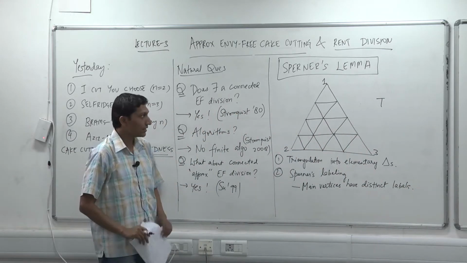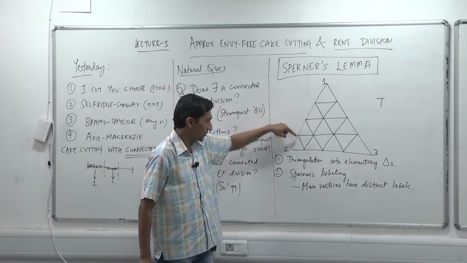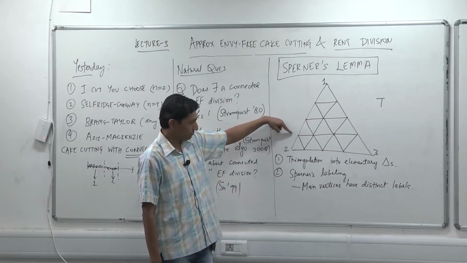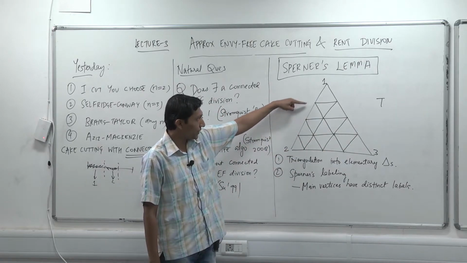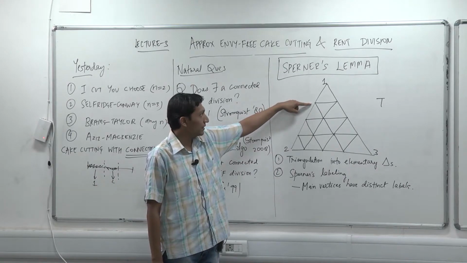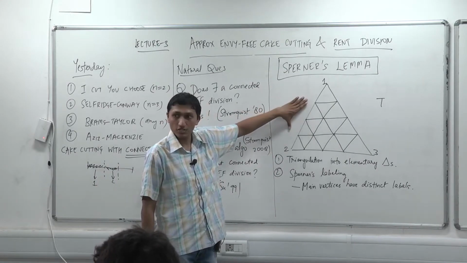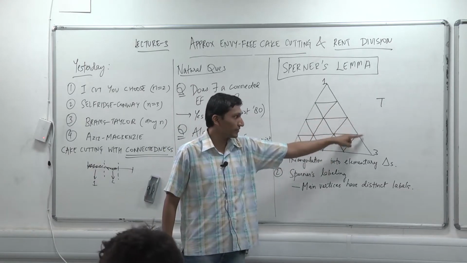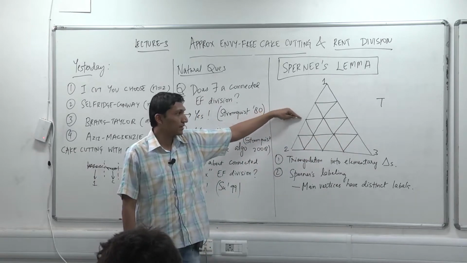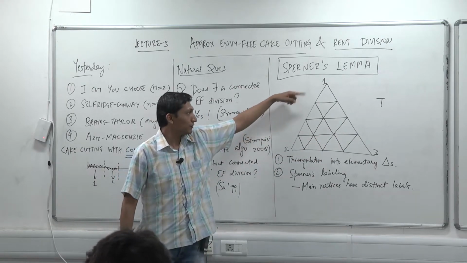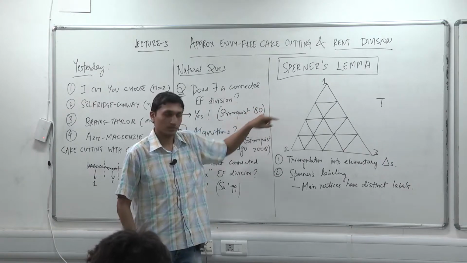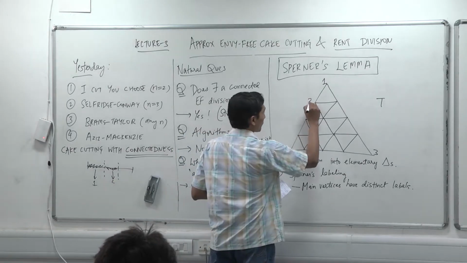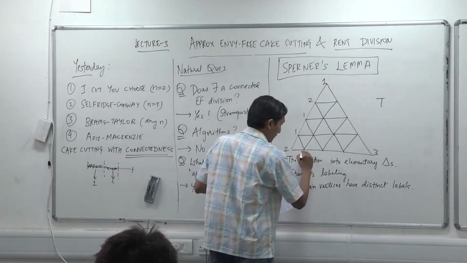The second condition concerns the vertices on the boundary. It says that the label of any vertex on the boundary should be either 1 or 2 for this edge, either 2 or 3 for any vertices here, either 1 or 3 for any vertices here. So any vertex on the boundary should inherit the label of one of the extreme vertices. Here's a Sperner labeling.